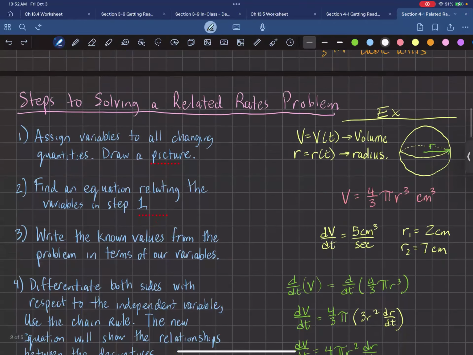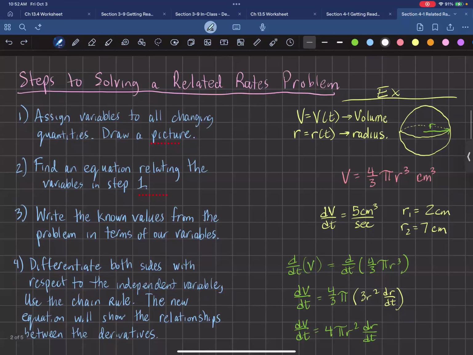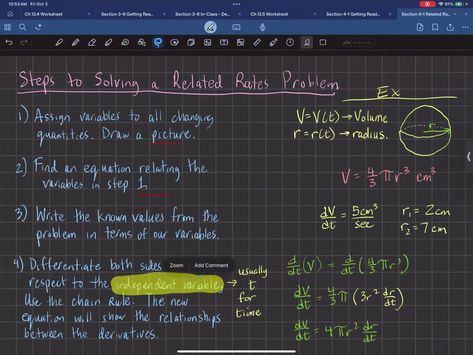Next thing we want to do is differentiate both sides with respect to the independent variable, which is usually t for time, but not always.